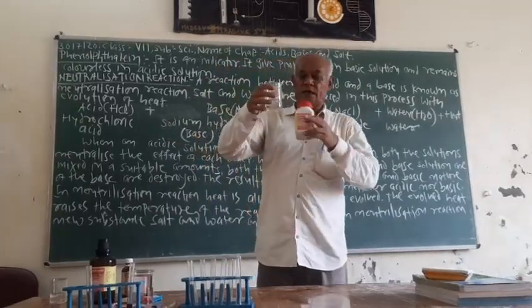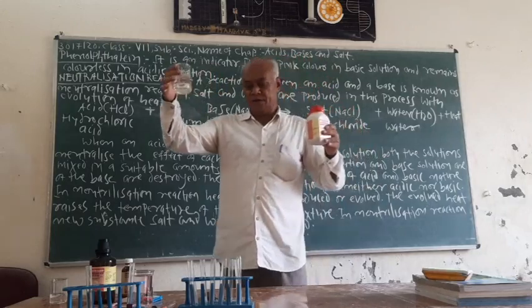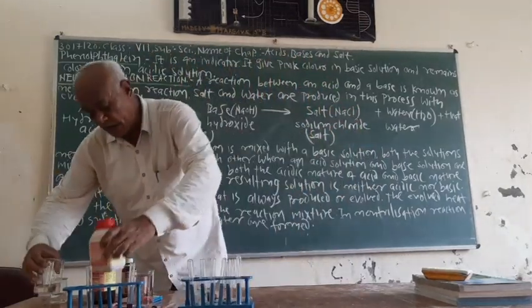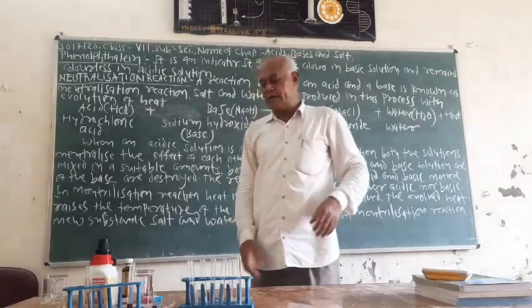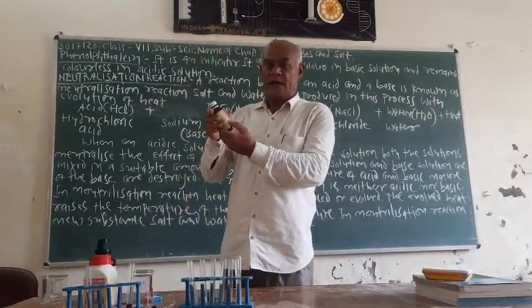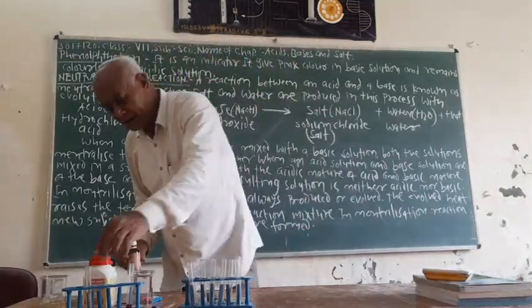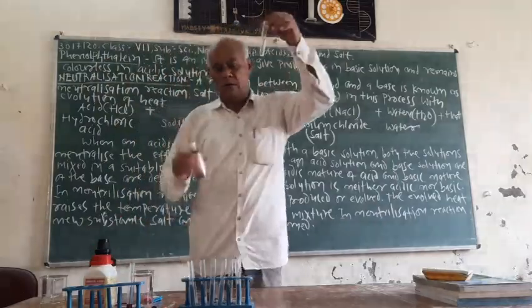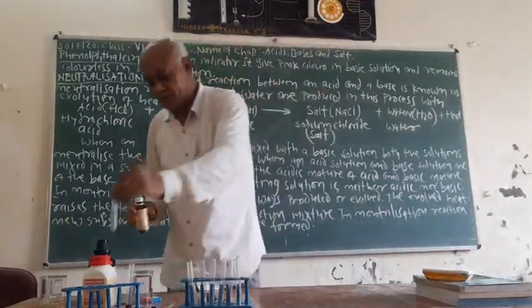Then this is the solution of sodium hydroxide, which is a base. So hydrochloric acid is an acid and sodium hydroxide is a base. We also have phenolphthalein, which is a colorless solution, and I transfer some of the phenolphthalein solution into a test tube.